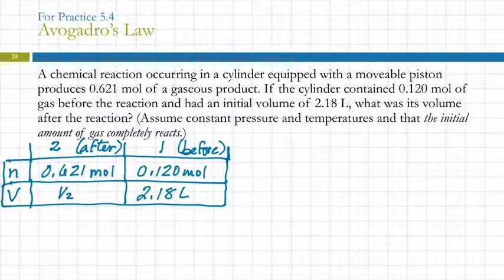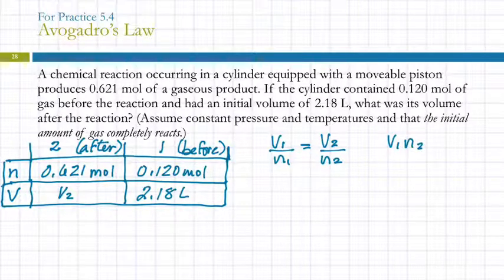So you use the same formula. We're going to use Avogadro's law, which looks very similar to Charles' law. So we had volume 1 over N1 is equal to volume 2 over N2. Again, we see fractions, cross multiply, get rid of the fractions.